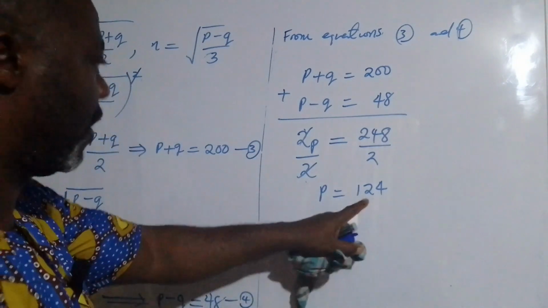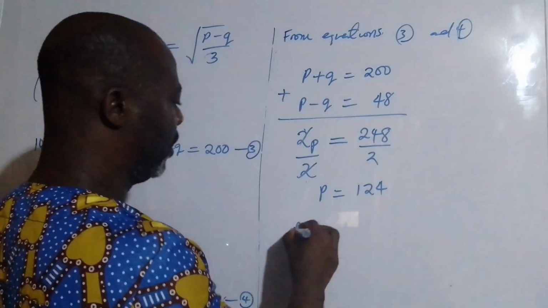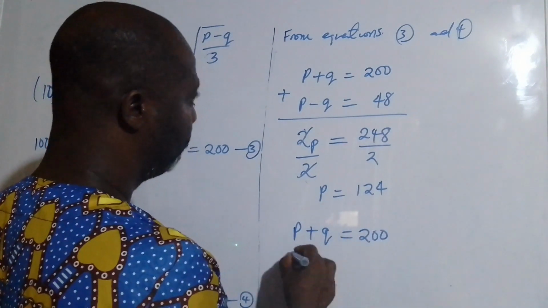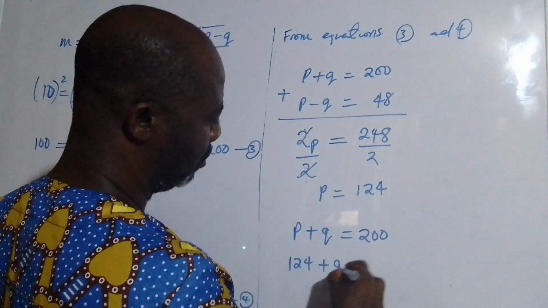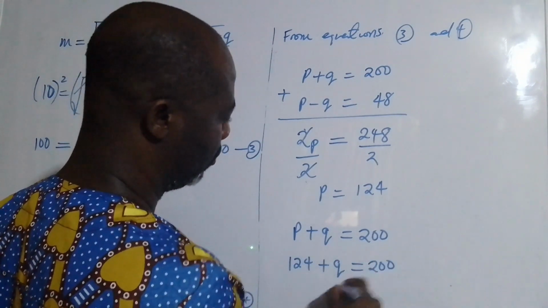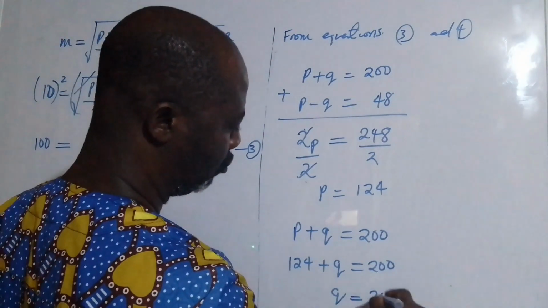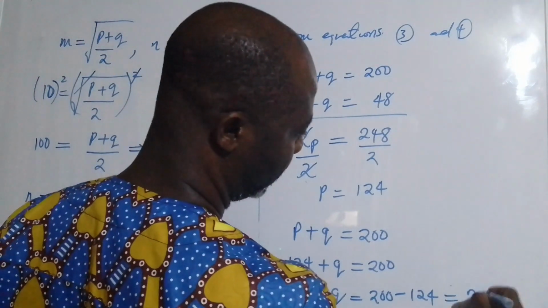Now that we know the value of P, we can easily find the value of Q. From P plus Q equal to 200, and P is 124, 124 plus Q equal to 200. So Q will simply give us 200 minus 124, and that will be 76.